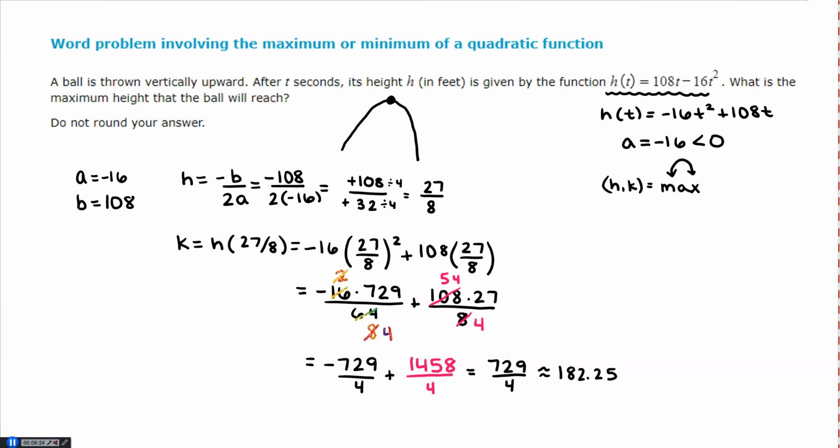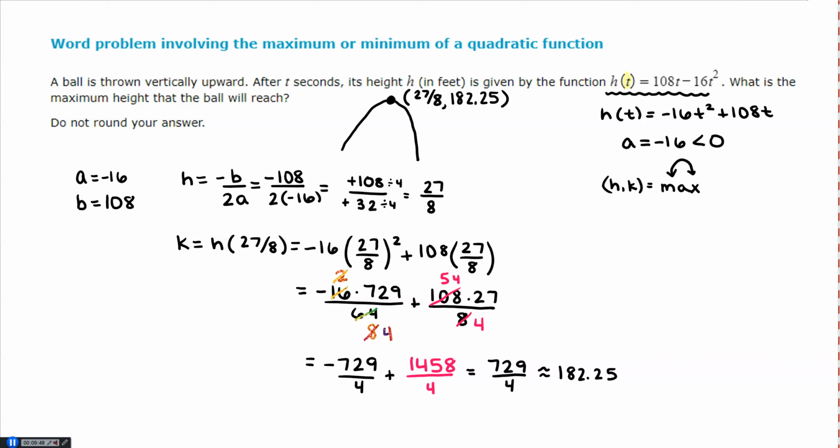Okay, so now let's talk about what these mean. So this location is 27 over 8, comma, 182.25. Now, in my function, the input variable is t.